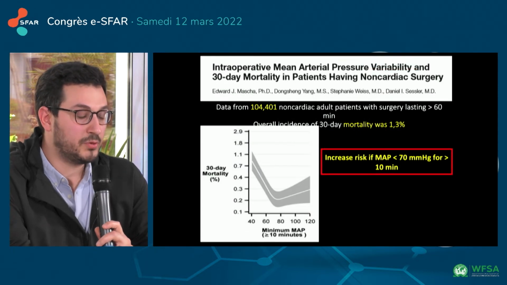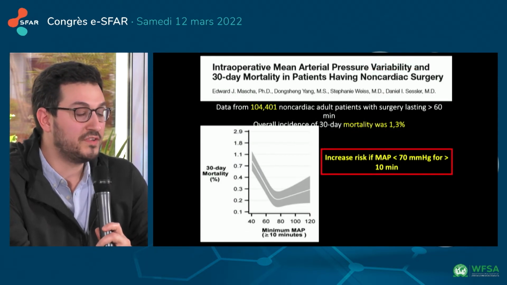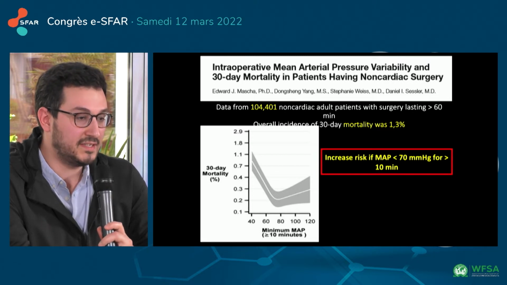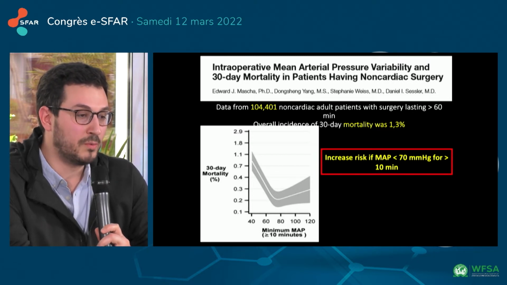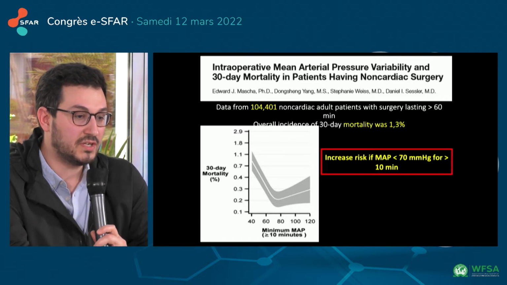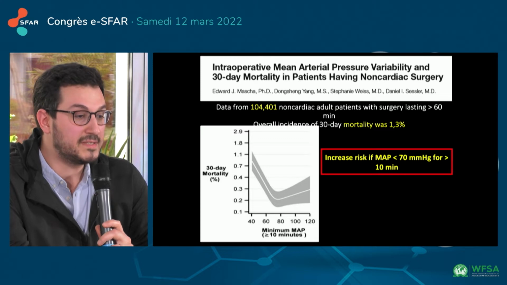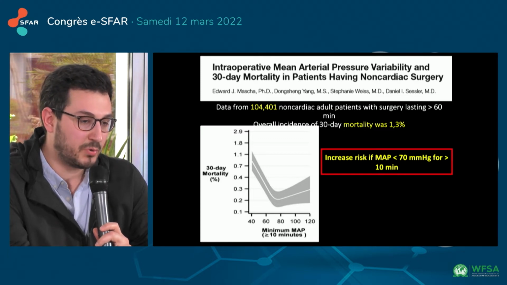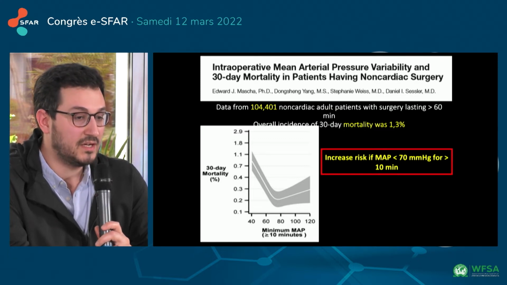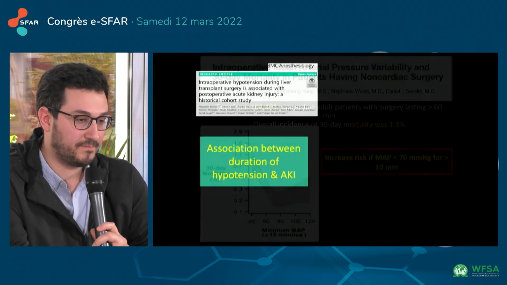As said previously, we can also define it using a duration of hypotension, and in this paper from the same group, including more than 100,000 patients, there is an increased risk of 30-day mortality when mean arterial pressure is below 70 for more than 10 minutes.